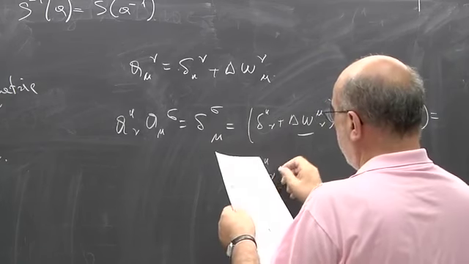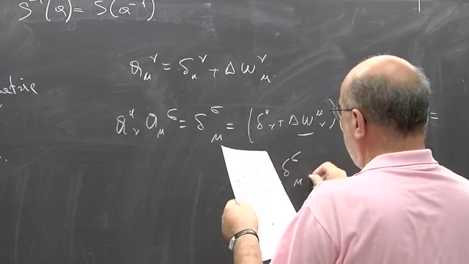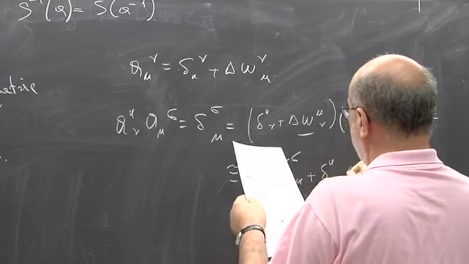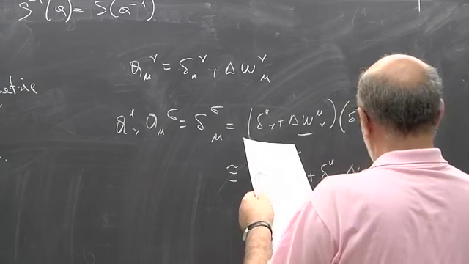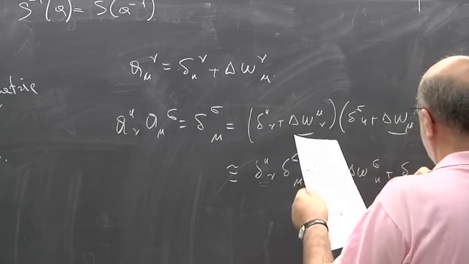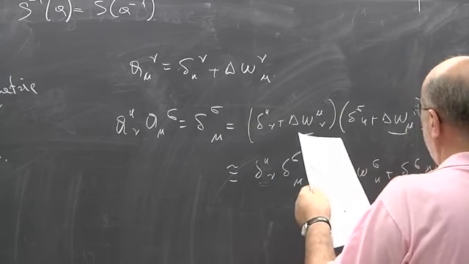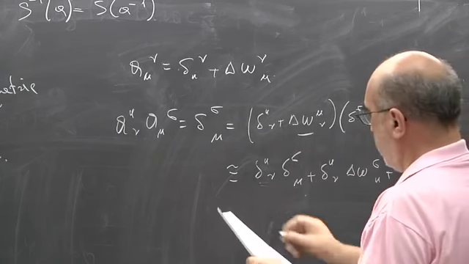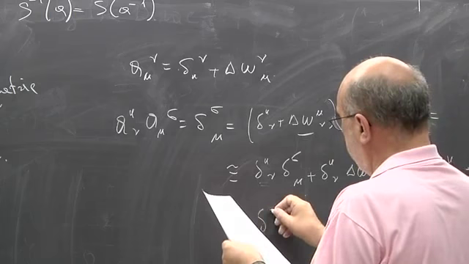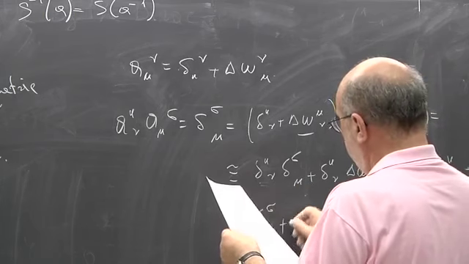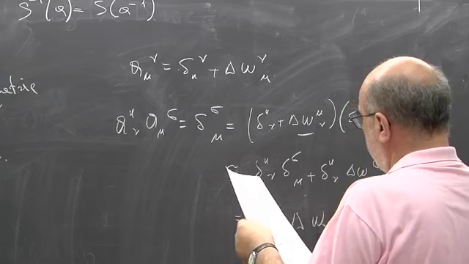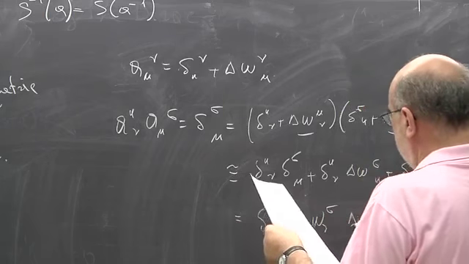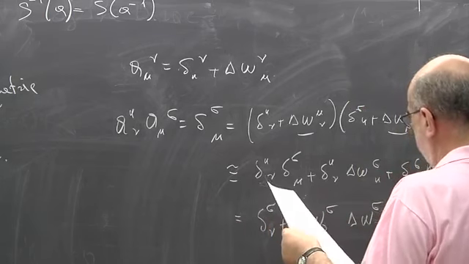This is delta mu nu delta sigma mu plus delta mu nu delta omega mu sigma plus delta mu sigma delta omega mu nu, and we neglect the second order things. This is equal to delta sigma nu plus delta omega mu sigma delta omega sigma nu plus.